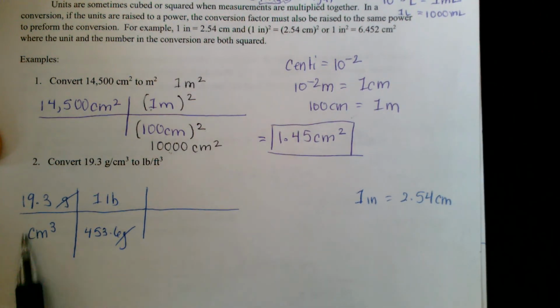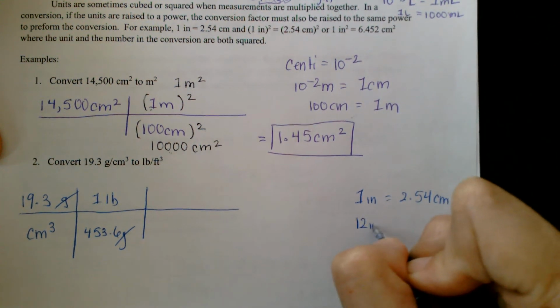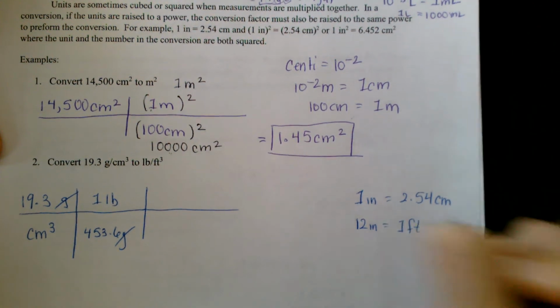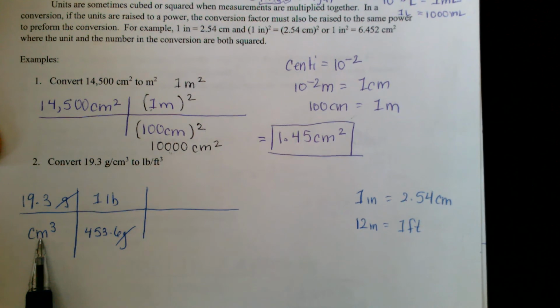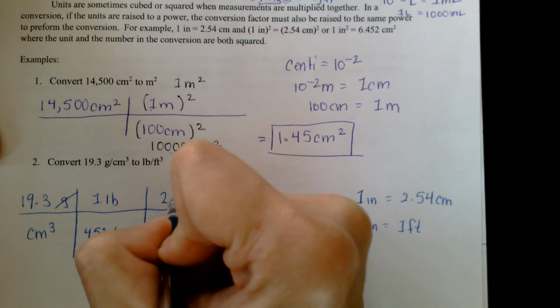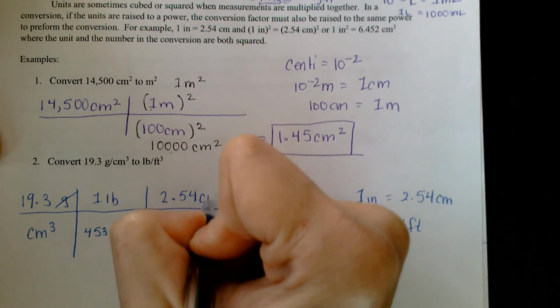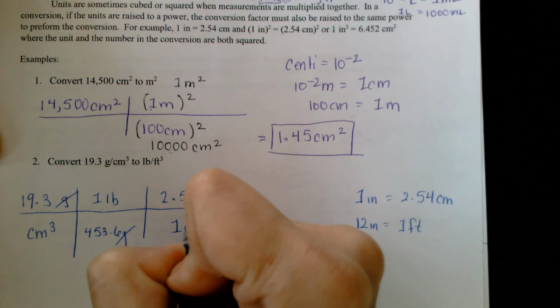So we can go from centimeters to inches, and then we can use that 12 inches equals 1 foot to complete this problem and get our feet here. So we're going to go centimeters to inches. If we want centimeters to cancel, we're going to put that up here. So we have 2.54 centimeters for every 1 inch.